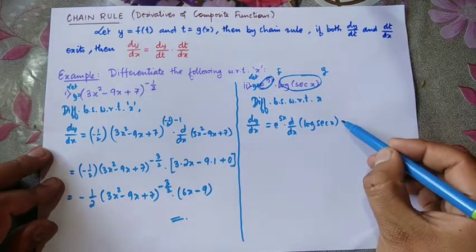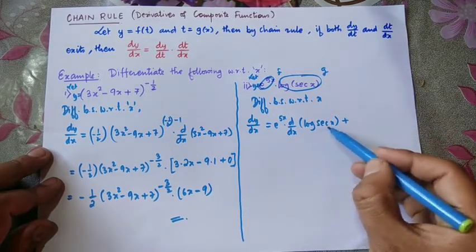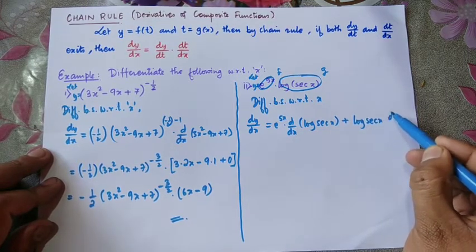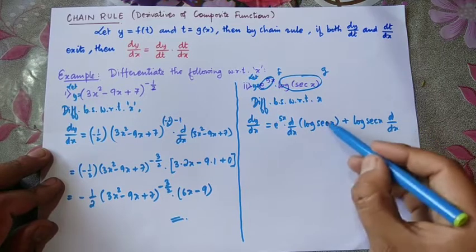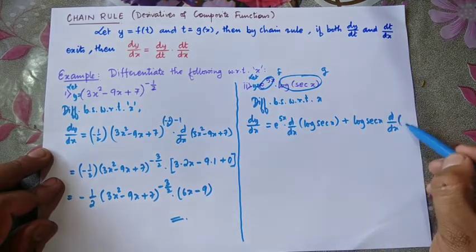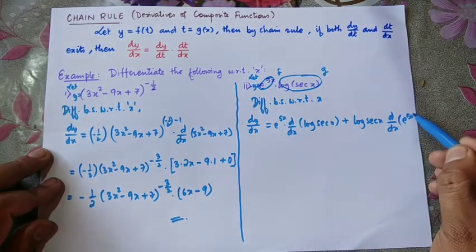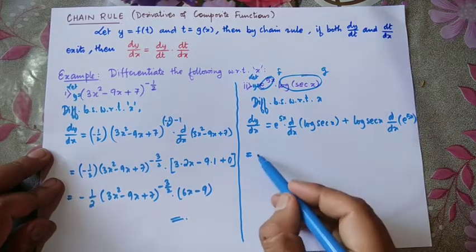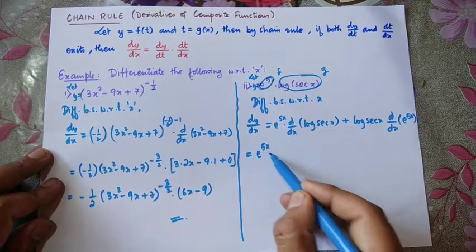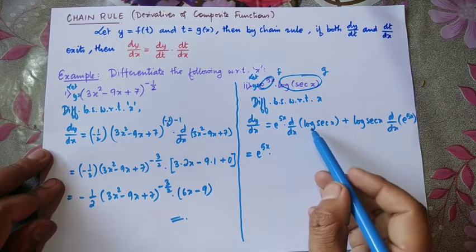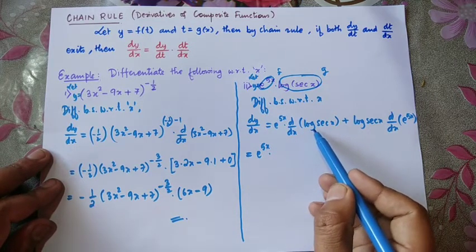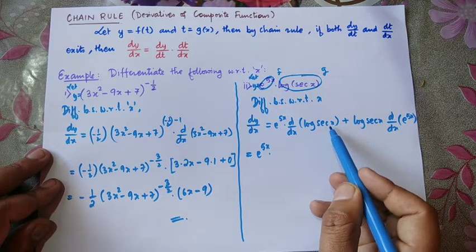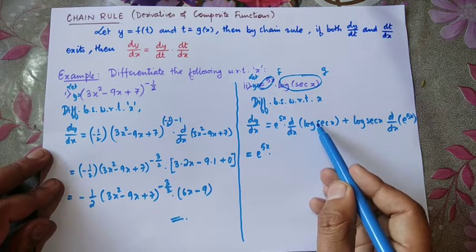Now we'll write plus and we'll keep it as it is. So log sec x is there, and we'll differentiate e to the power 5x. Now this is equal to e to the power 5x into, now as I said we'll work from outside because there are two functions again. So log sec x, there is no into sign here.